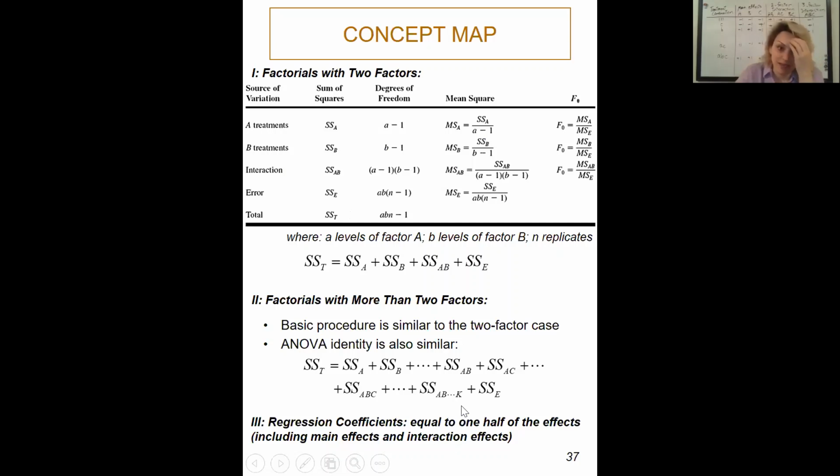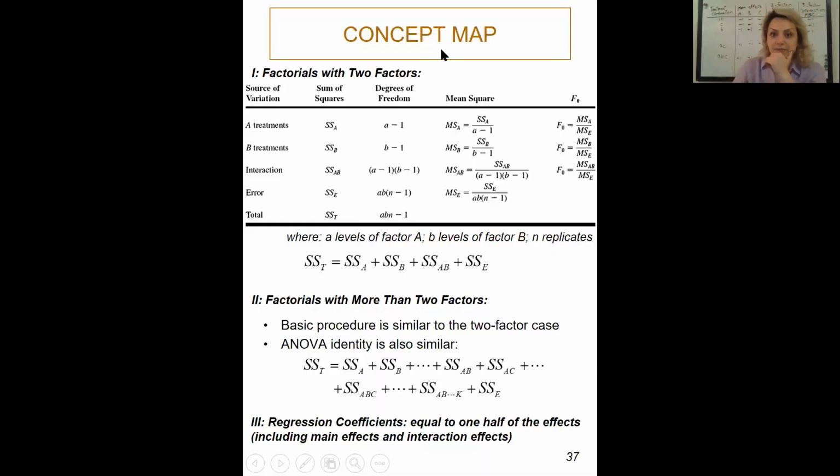Or you can use the equation where the contrast divided by the divisor gives you the effect. From the effect, 1/2 of it gives you the regression coefficient. Okay, so that was the last slide.